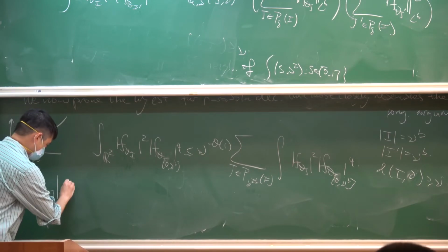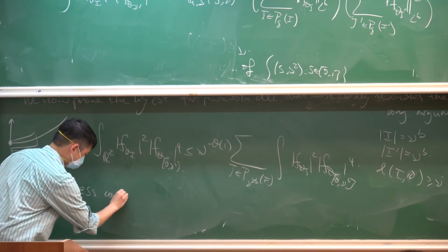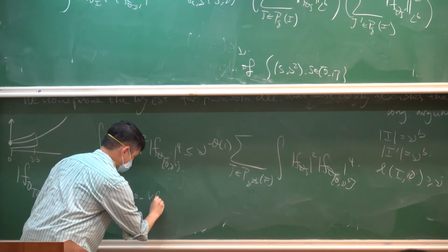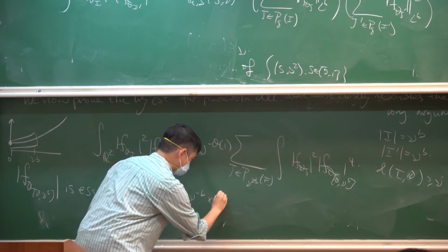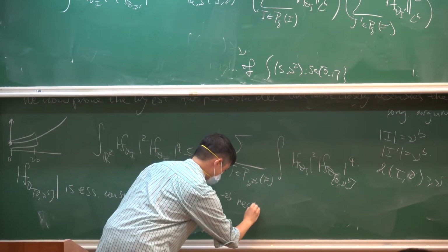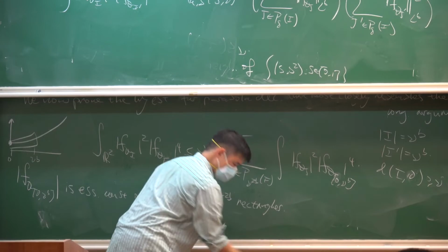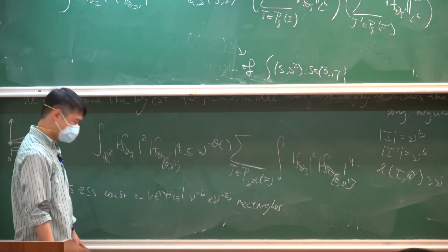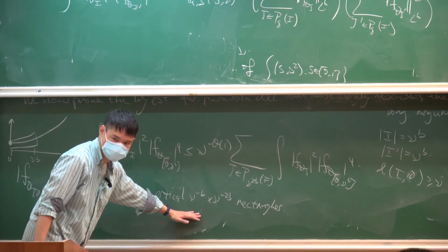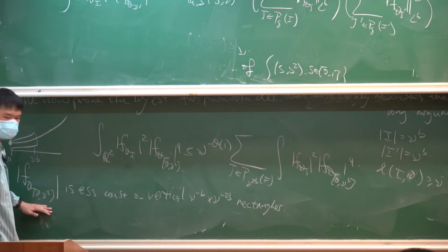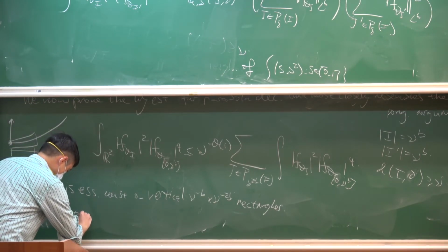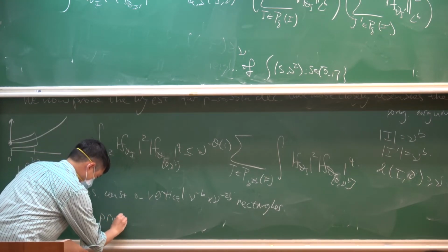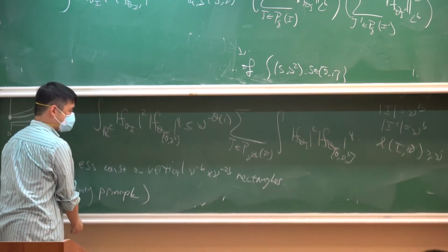So it is essentially constant on vertical nu to the minus b by nu to the minus 2b rectangles. This is the right scale, the right objects to study this expression on. This is the uncertainty principle.